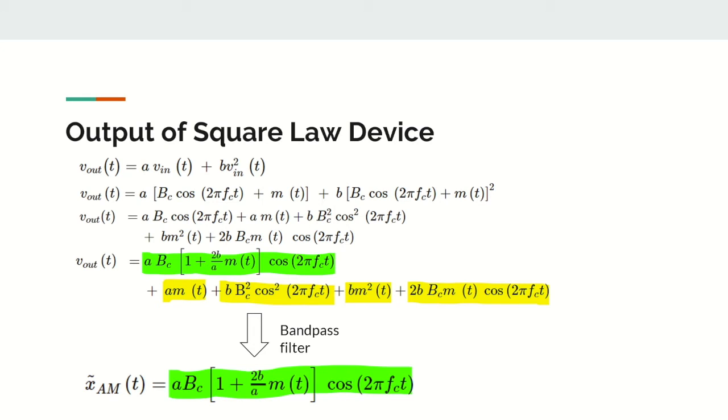Once we simplify that down a bit, we're going to get these terms. In the green, we actually have our AM signal here. And then all of these other signals is going to be stuff that we don't want. This isn't going to contribute to our modulated signal, so we actually want to filter them out. There's going to be a graph on the next slide that will better illustrate this. But the green here is our modulated signal.